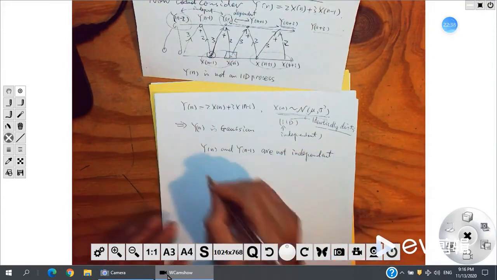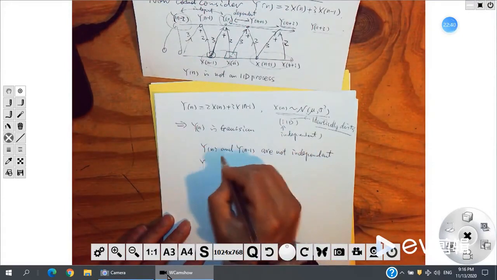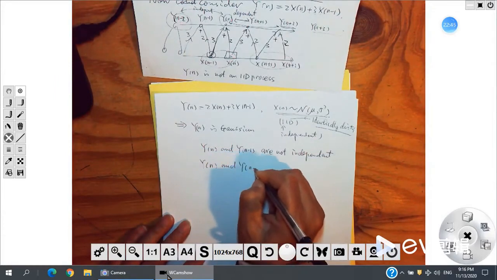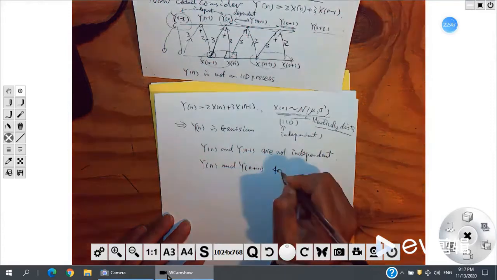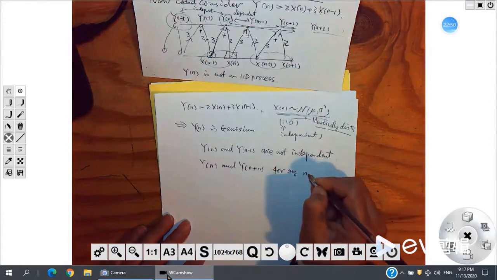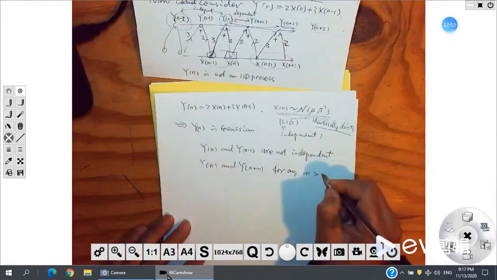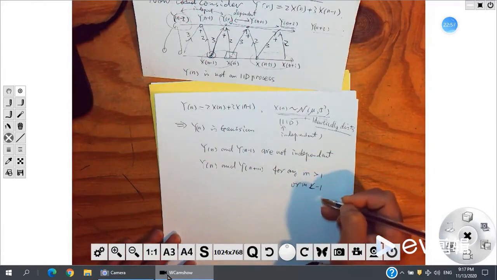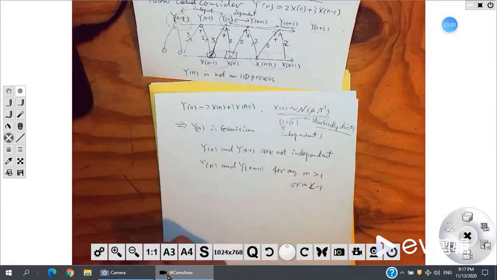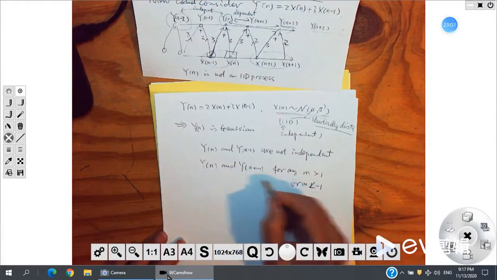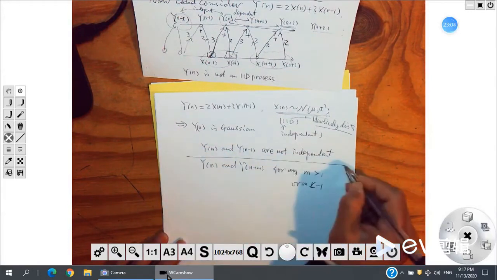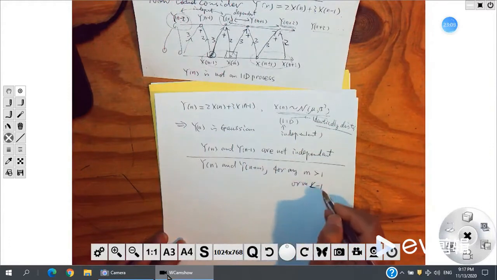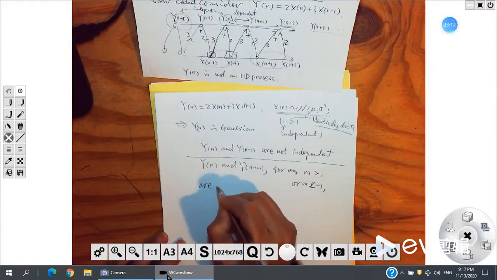But of course, if they have long distance more than 1, y of n and y of n plus m for any m larger than 1 or m smaller than negative 1, minus 2 or even more, for this case, they are independent.